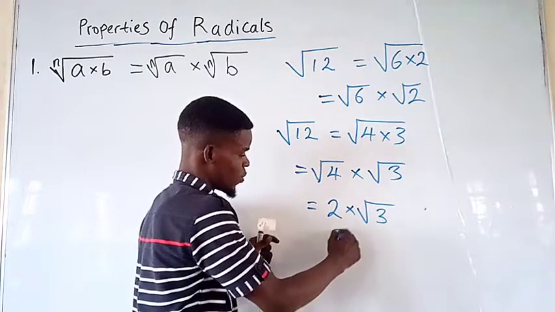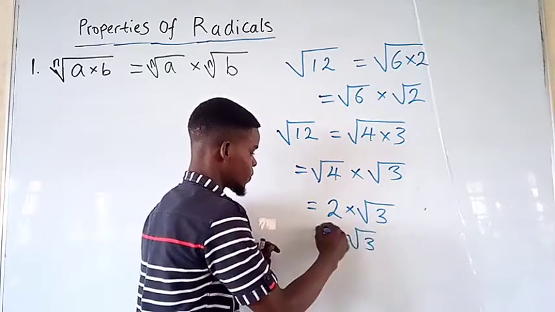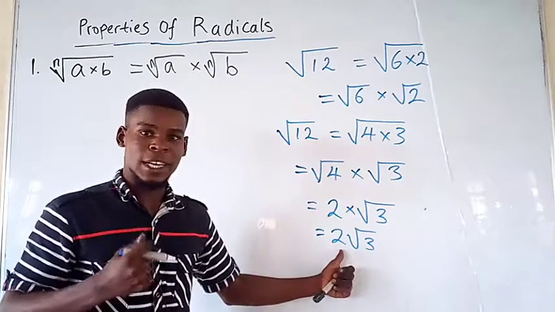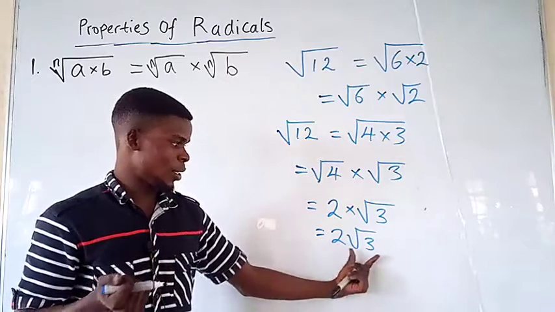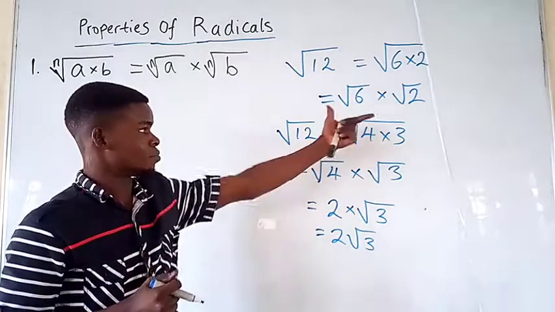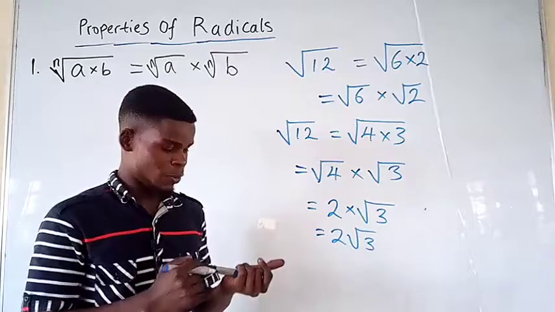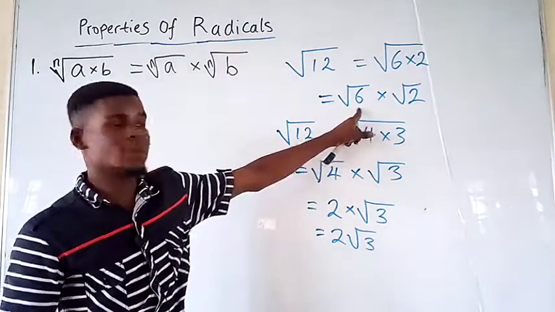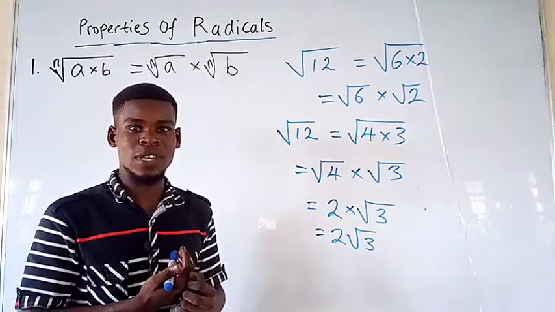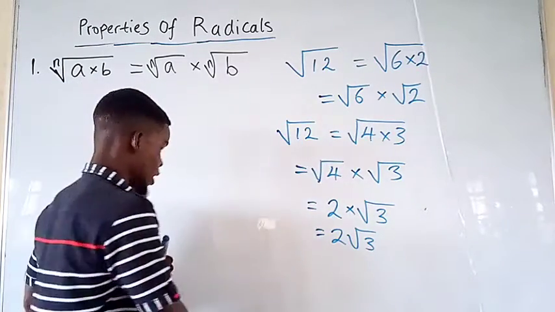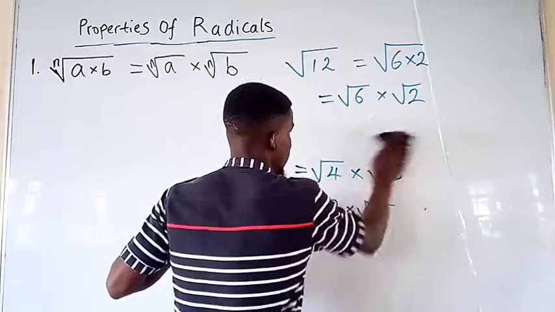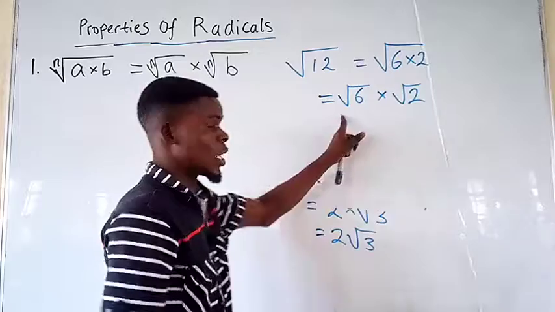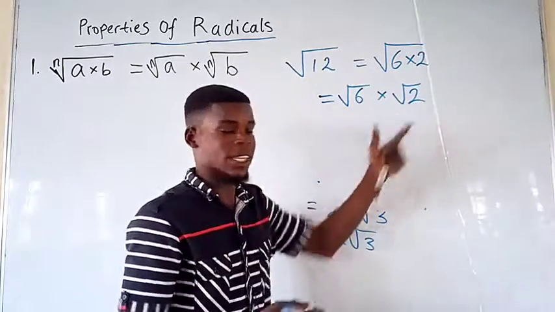So this can be written as 2 root 3. So you see this has a number multiplying with the square root of 3. That is one of the things you should know, that they are the same. Now you keep this result, 2 root 3. I'm going to show that these are the same because they're actually the same.